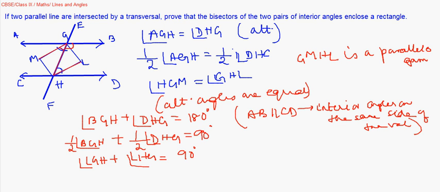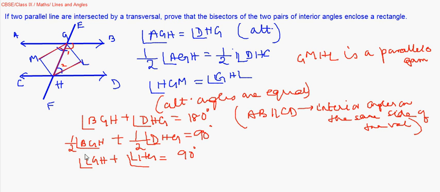If we look into the triangle LGH, we see the sum of the triangle angles will be 180 degrees. So I'll just write angle 1 plus angle 2.